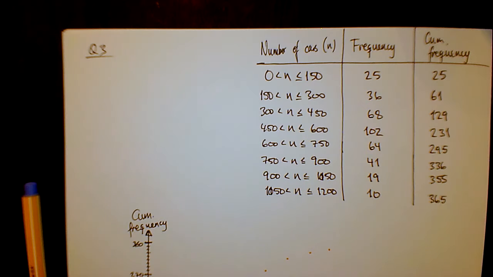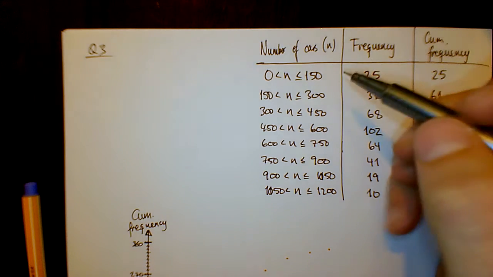Okay, so we're now doing exercises on page 65 of chapter 2, and we're doing task number 3, where we have a safari park. It's open to visitors every day of the year. The numbers of cars that pass through the park each day for a whole year were recorded and are shown in the table.